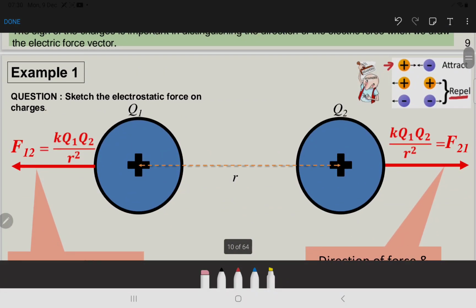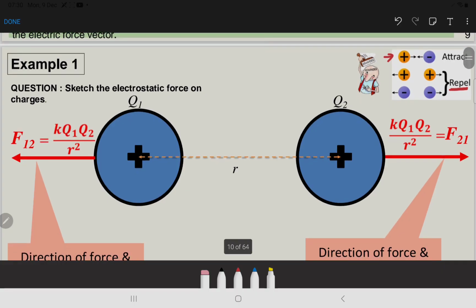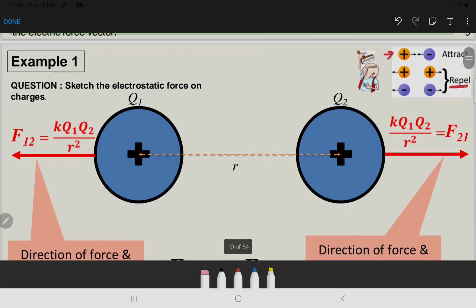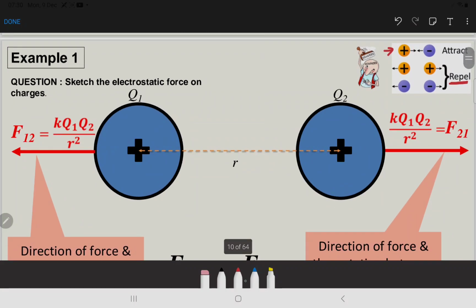So we have an example. First they ask you to sketch the force. Over here you have charge 1, and the force acting on charge 1 by charge 2.